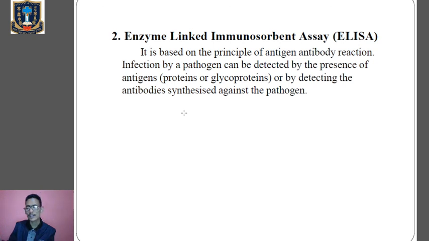So whenever an individual is infected by a pathogen, we can detect the presence of antigens, or identify the specific antibody produced against the specific antigen. Here also we can detect the antigen at the initial stage of infection, before the symptoms of the disease are visible in an individual.